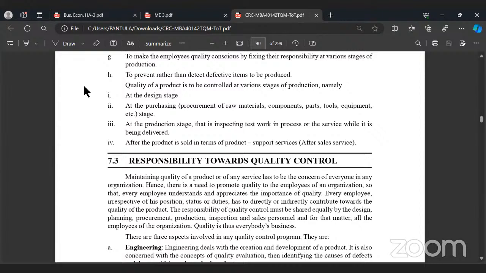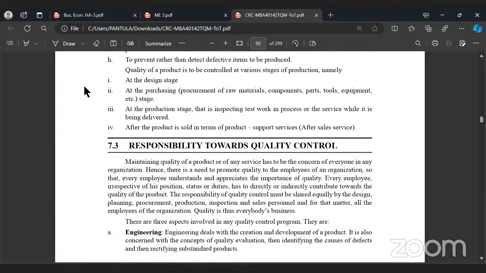So why this kind of quality control? If quality control is good, there is no need to recall products, because there are certain standards. Once you fail to meet those standards, they recall the products. Even medicines are banned because of poor quality control and the mixture of drugs used in that particular brand. That's also one of the causes.